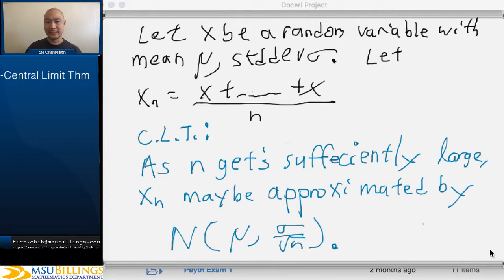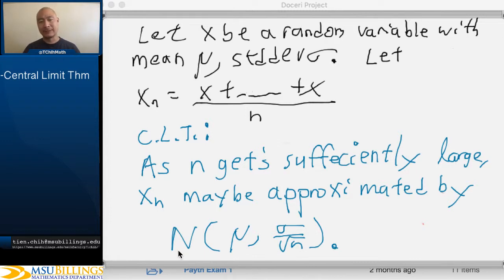And what it's telling us is that for variables that have a mean and a standard deviation, as you make your n sufficiently large, not only will the mean and standard deviation of the averages of those variables get to be closer and closer to mu and sigma over square root of n, but the distribution of the averages of those variables approaches normality, right?